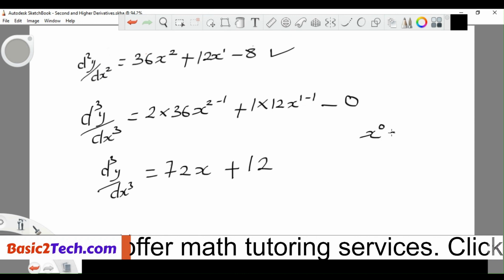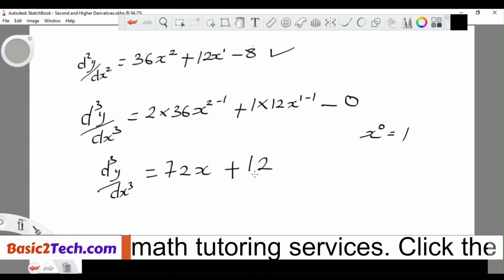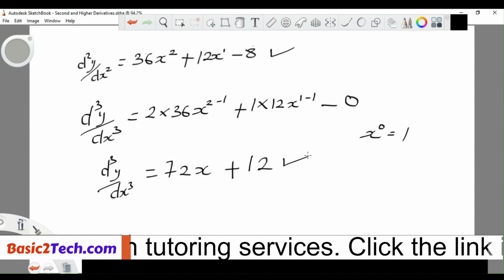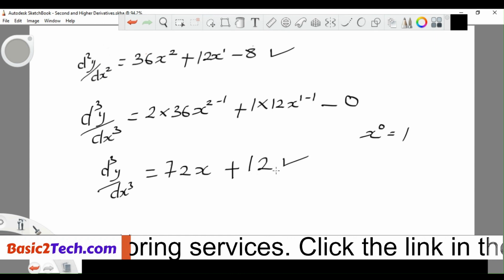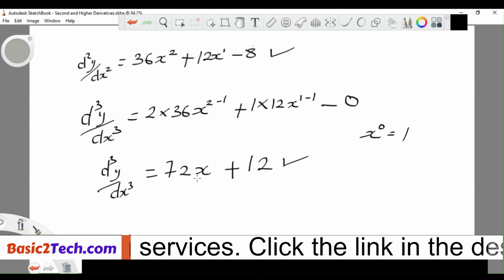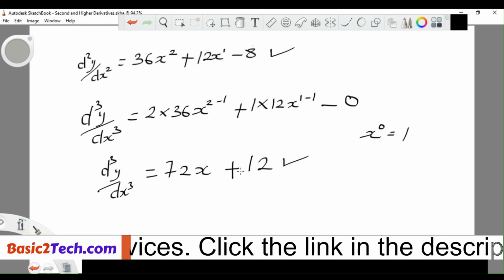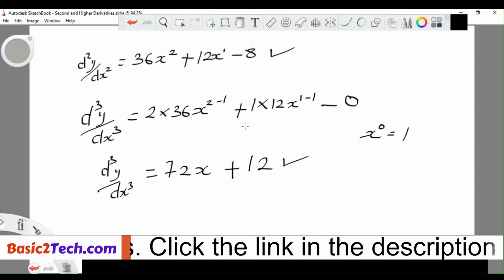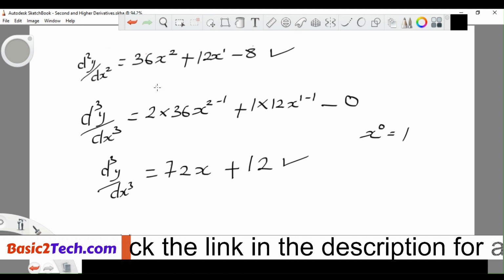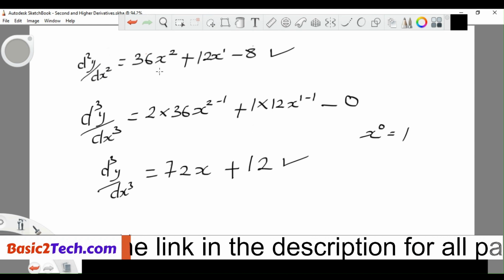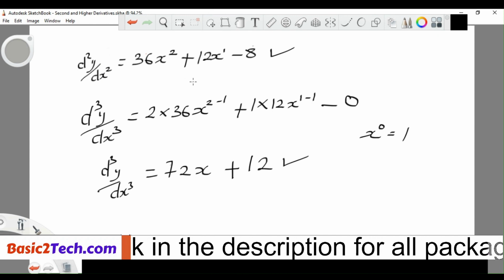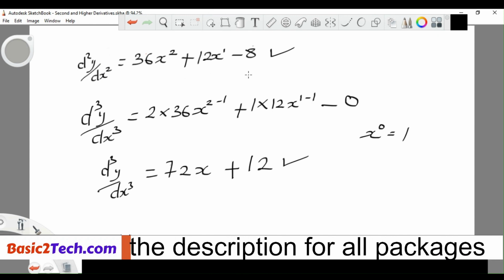So x to the 0 is 1. So that gives us 12. So differentiating the polynomial 3 times gives us 72x plus 12. And differentiating it twice gives us 36x squared plus 12x minus 8.